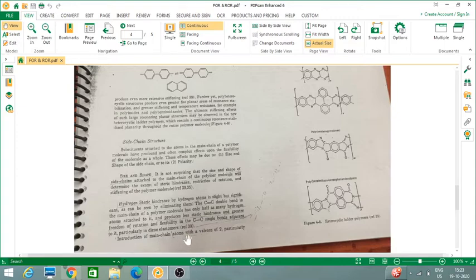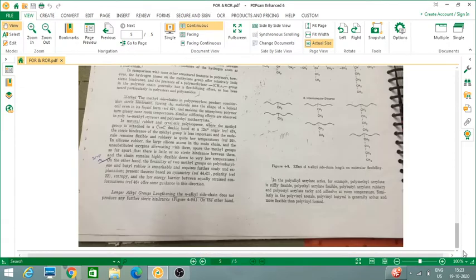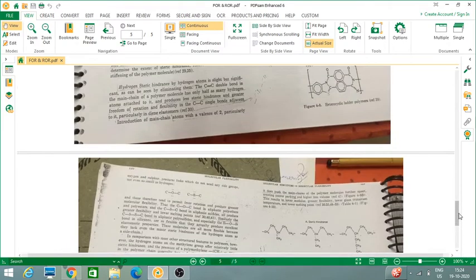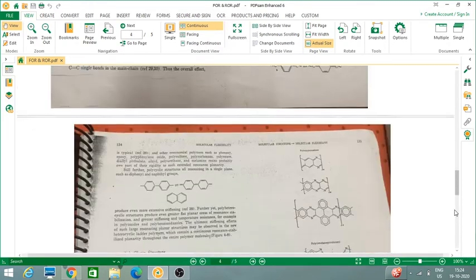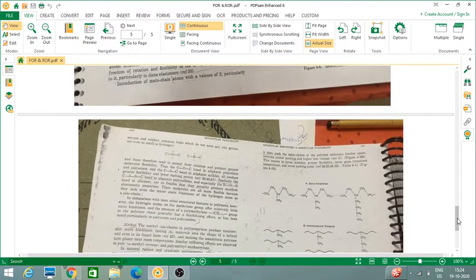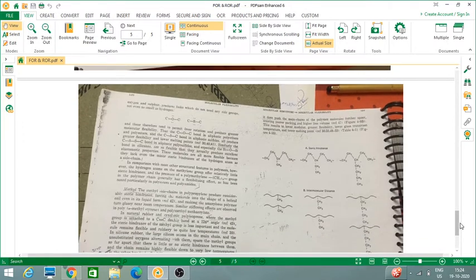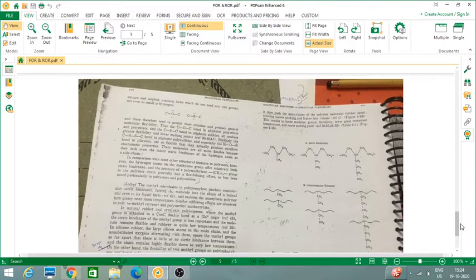Introduction to main chain atoms with valence of 2, particularly oxygen and sulfur, produces links which do not need any side groups, not even as small as hydrogen.